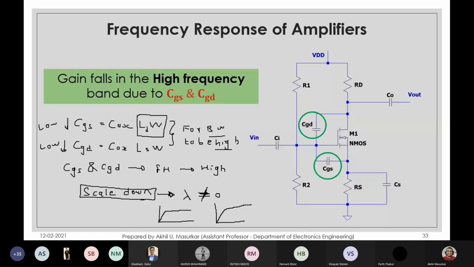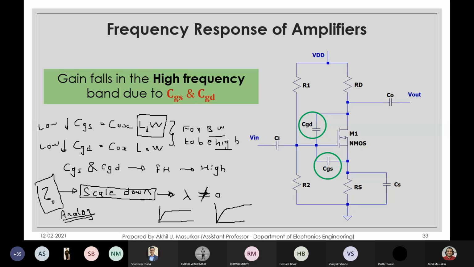We don't want the signal integrity to get affected, and that is why we say, okay, bigger transistors fine, but the signal amplitude should be good. So this is the technology glitch as far as frequency response is concerned.